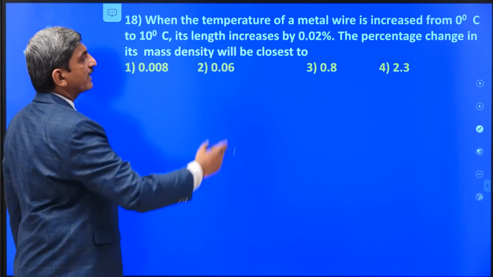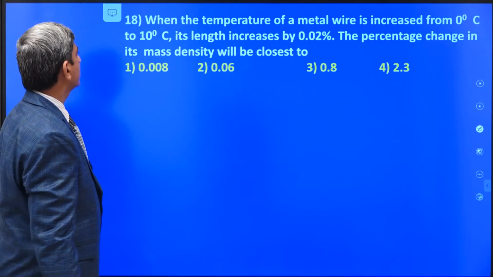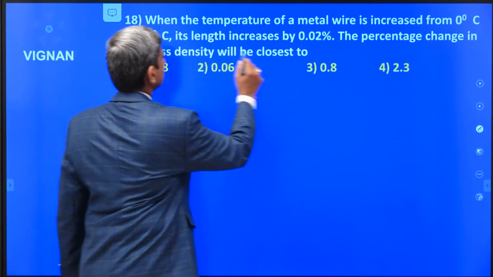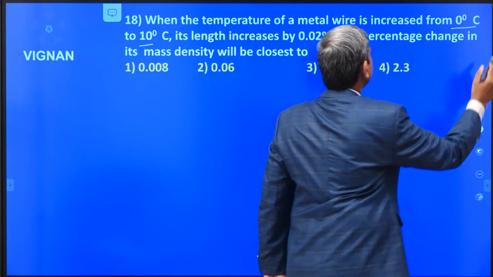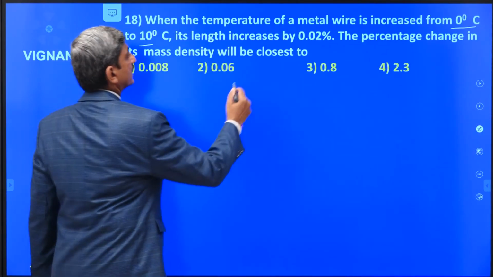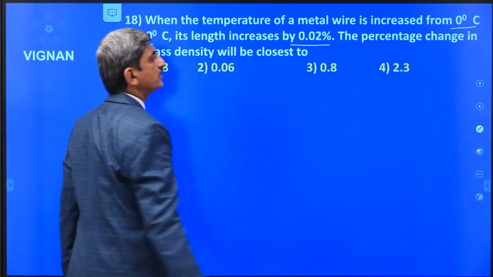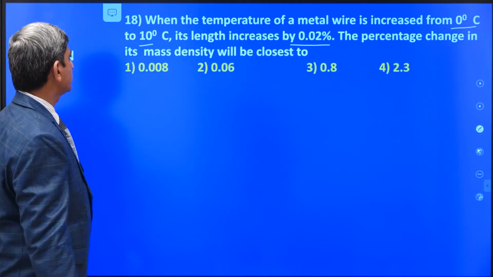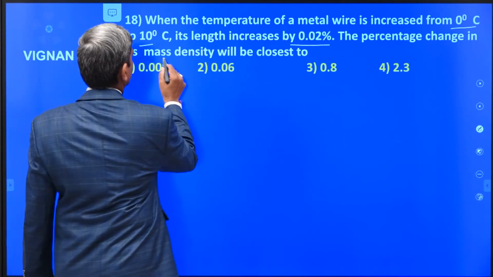When the temperature of a metal wire is increased from 0 degrees centigrade to 10 degrees centigrade, its length increases by 0.02%. The percentage change in mass density will be close to dash.